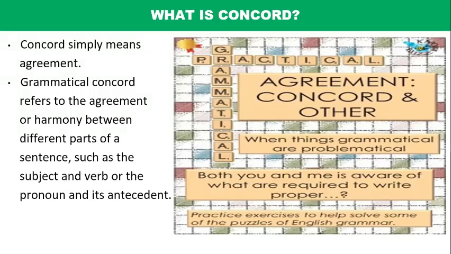Now, it ensures that all the elements in a sentence work together correctly. So, concord is a very important aspect of the grammar of any language, and having a good understanding of the various types of concord will help you to speak and write proficiently. Okay?